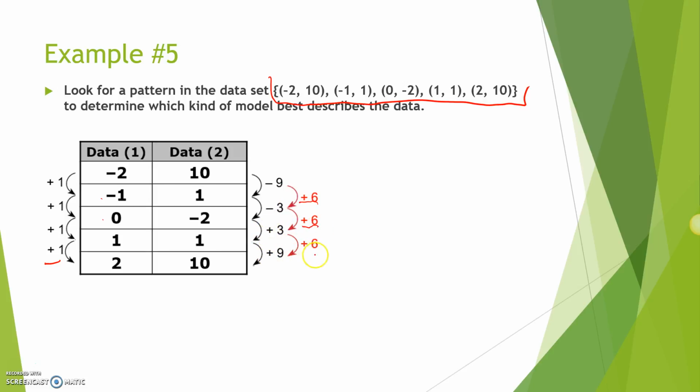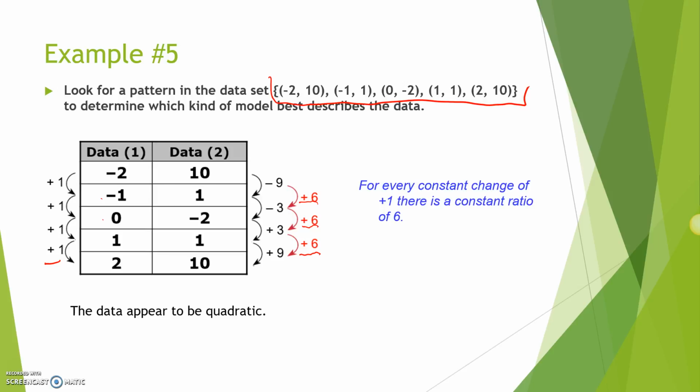And +3 to +9 is a +6. So there is a constant taking place here within the second difference. So this type of situation is going to be quadratic. So this is all you're really doing in this section, is determining what type of function relationship is taking place based on the data and using these different methods and functions we've worked with to figure this out.